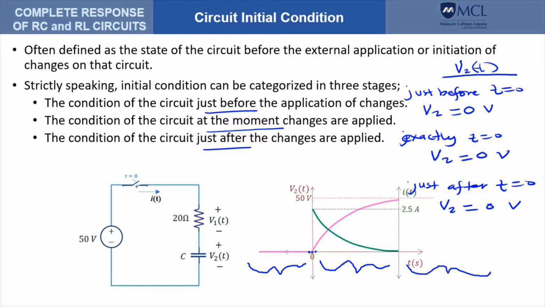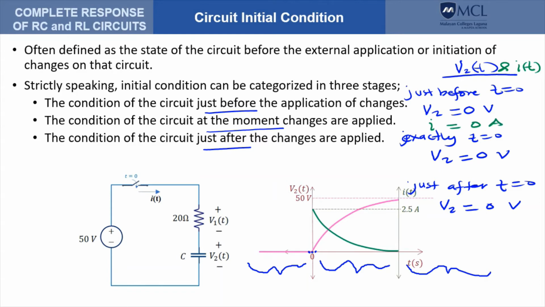Now for the current, just before t equals 0, the current through the capacitor, or through the circuit, is also equal to 0.